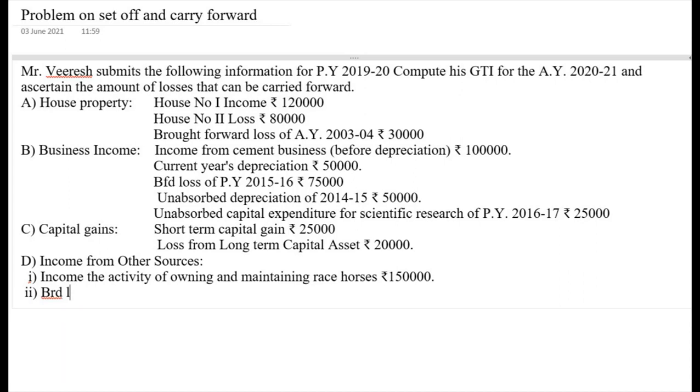Brought forward loss from the activity of owning and maintaining race horses of previous year 2018-19, rupees 50,000.